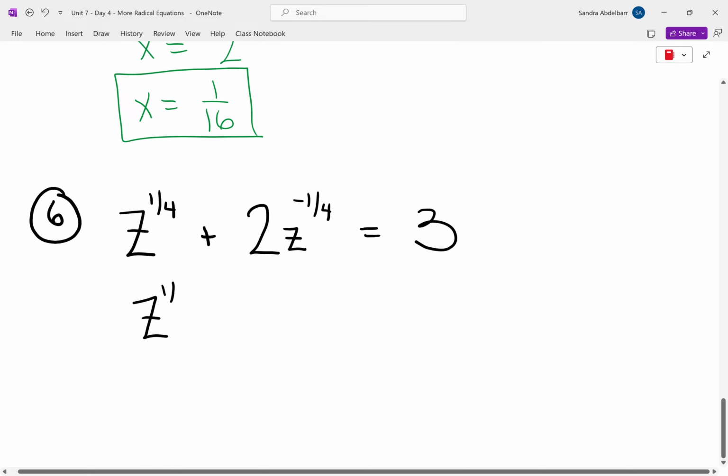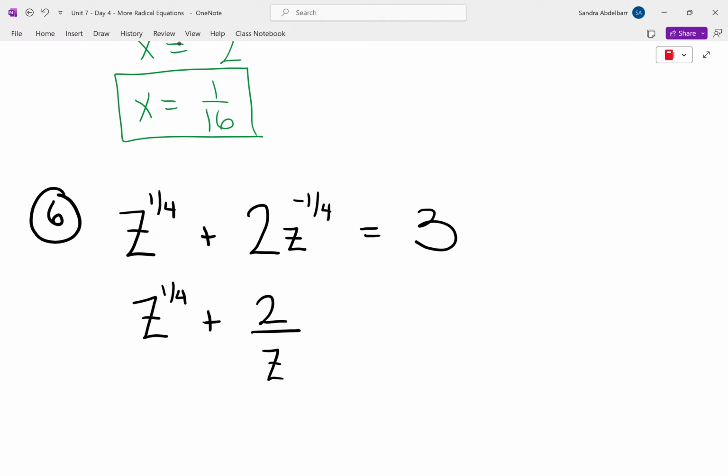So this is z to the 1/4 plus 2 over z to the 1/4 equals 3. It is an equation, and it is an equation with a denominator. I don't like dealing with equations that have denominators or equations with fractions. So my instinct is anytime I have that, I want to eliminate the denominator.